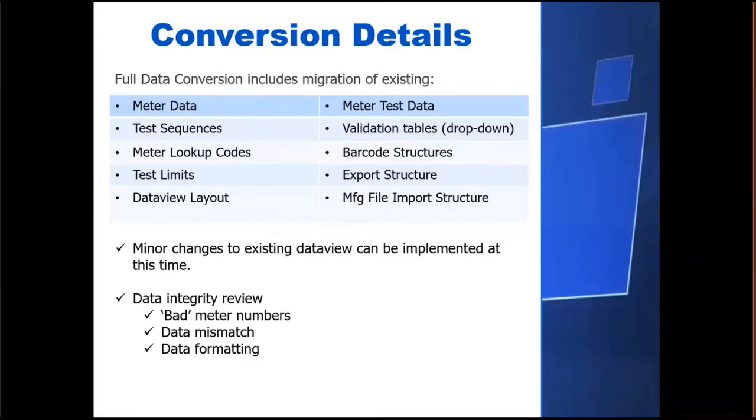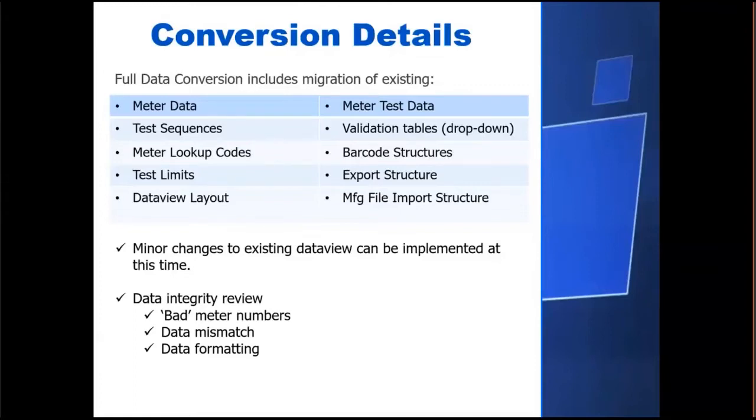Data mismatches, where you have an obvious entry in a field that doesn't belong there. For example, a field that has initials in it, or a voltage that says 2.5, when that's probably your amps. We point out those things and help get that cleaned up so you can start on a really clean playing field.